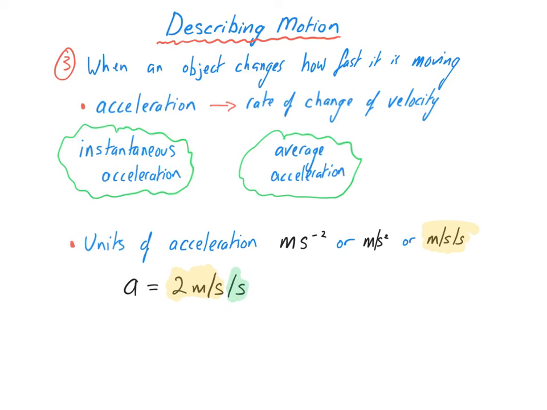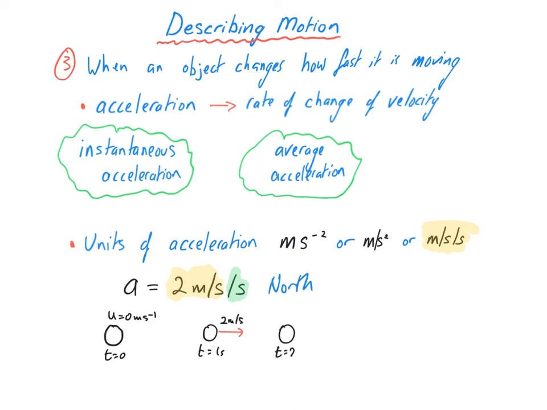It is important to recognize here that acceleration is a vector quantity, so let's put a direction, say north. So what this might mean for an object, say starting at rest at t equals 0, well then after 1 second the object will be travelling at 2 meters per second.